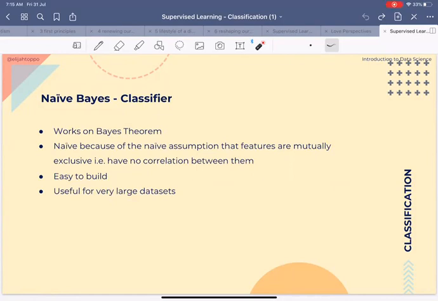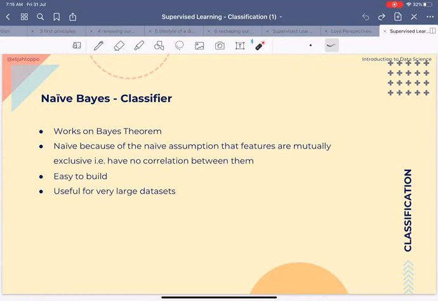The naive Bayes classifier works on the Bayes theorem. I hope you have gone through the Bayes theorem in your probability class, maybe in 11th, 12th, or later. Anyways, we'll do a small revision on what the Bayes theorem is, and we'll see how we can use it for classification, or for data analysis and machine learning.